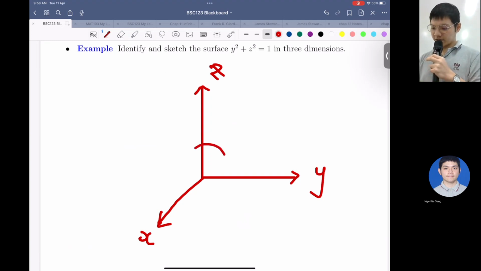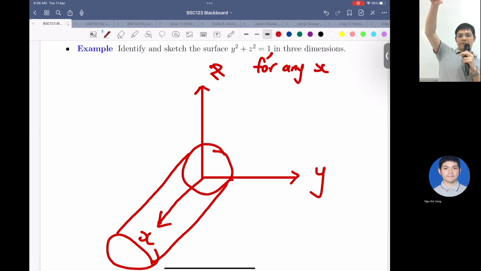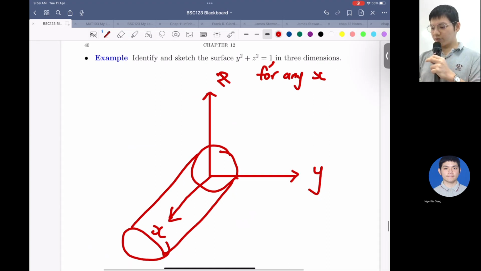So in that case, it's something like this, because this is for any x. Just now we had a vertical cylinder. Now we've got a horizontal cylinder. In particular, if you want to do the other side, then you will have z squared plus x squared equals 1. So it depends on what variable you want.